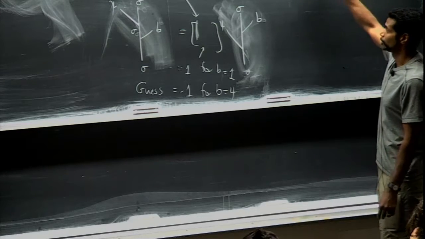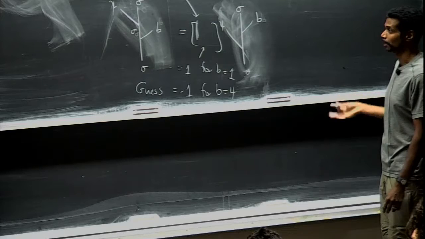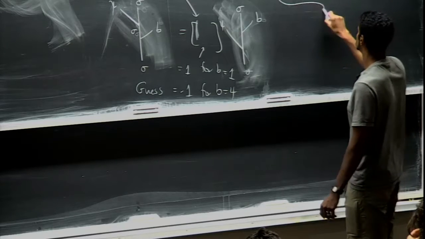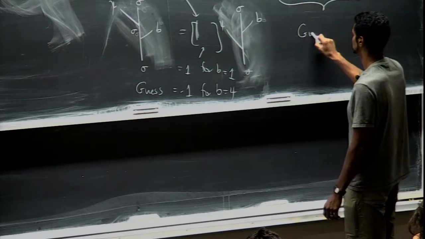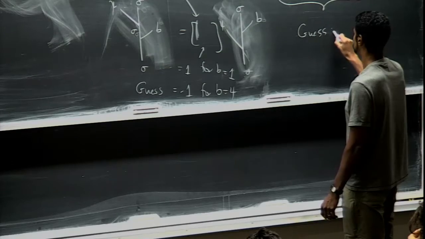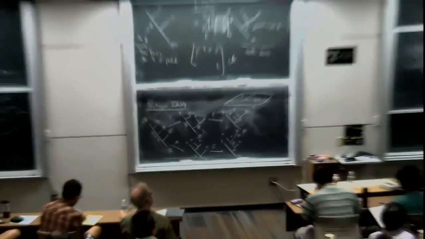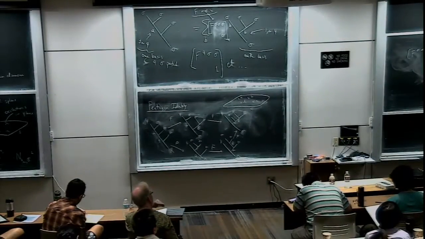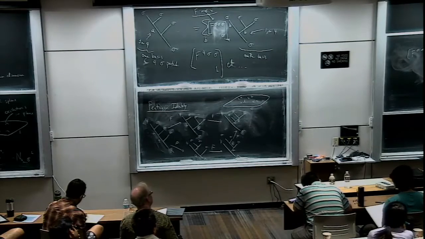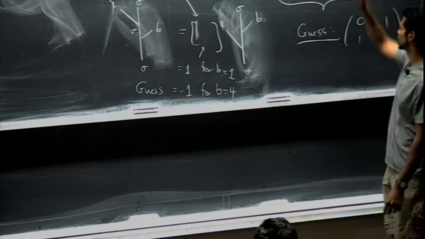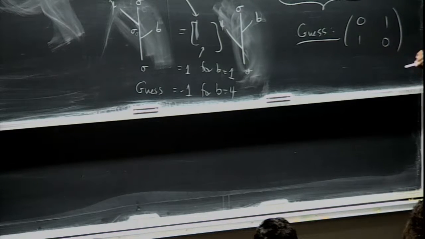We could always try, as a guess, to just set all these things equal to 1. A and C are really the only free, quote unquote, free things here, and A has to be the opposite of C. If A is 1, C has to be psi, and if C is 1, A has to be psi.